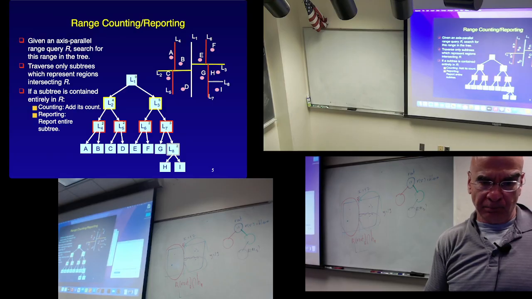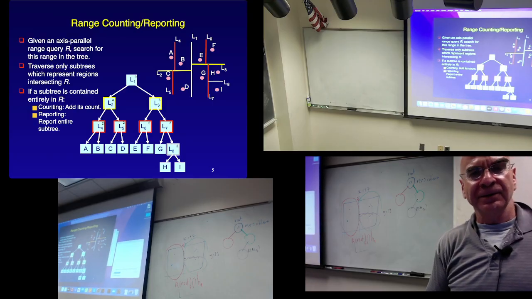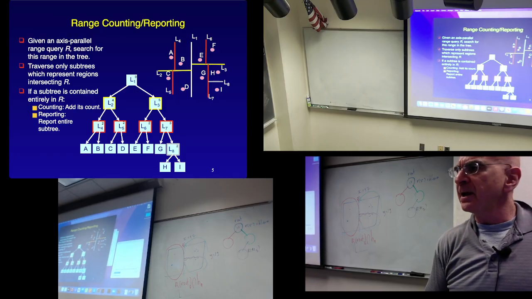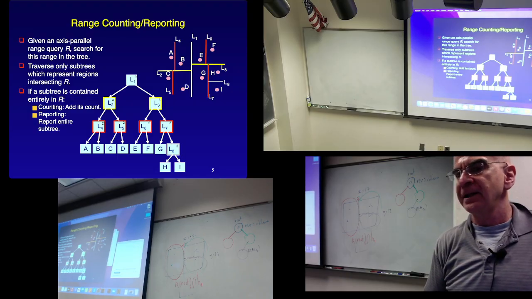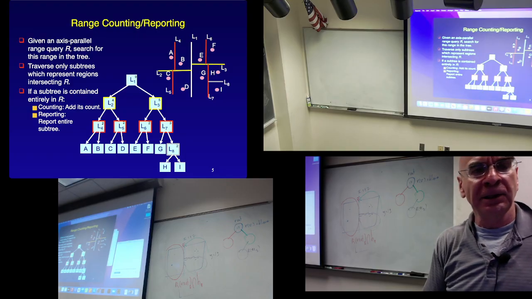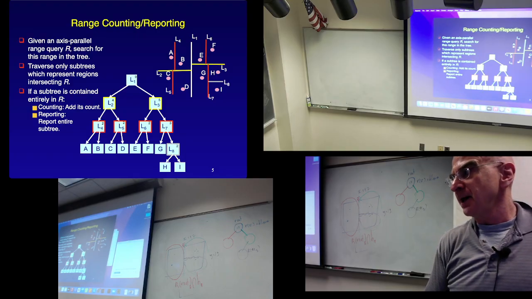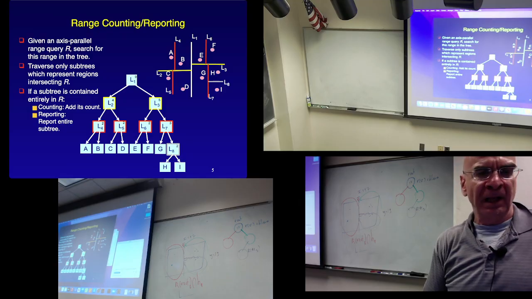A bit more interestingly, can I finally bound the query time? I couldn't bound the query time for quadtrees. I just said, yes, in practice it works great. It saves us visiting a lot of nodes that we don't need to. Nor could I say it for R-trees, even worse.